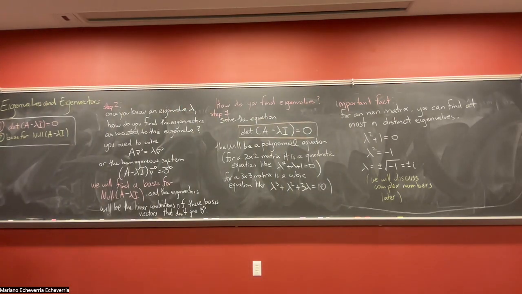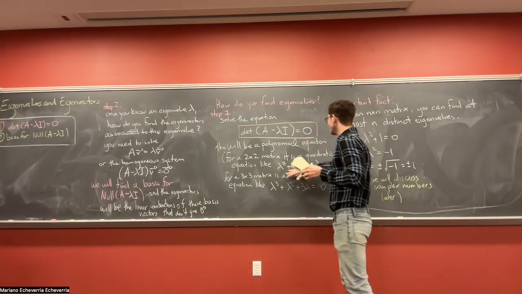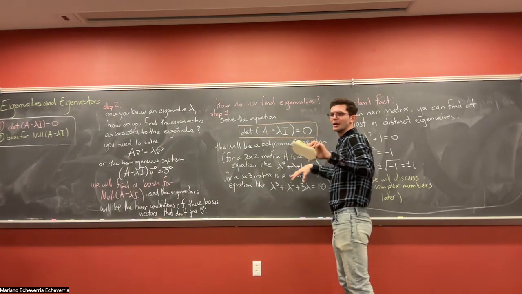I also noticed that for the quadratic it's lambda squared plus lambda plus 1, but for the 3x3 it's 3. Well, the particular numbers here are completely random.